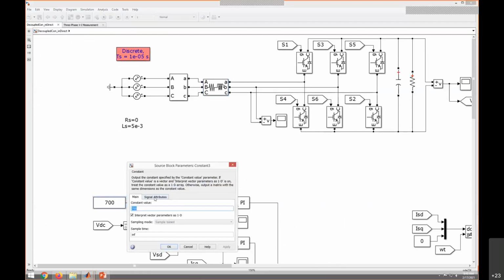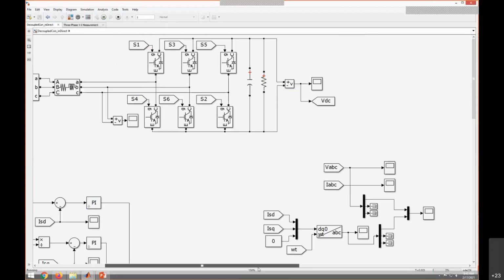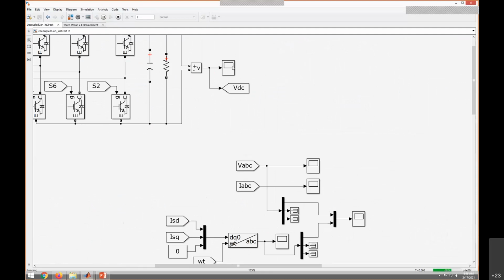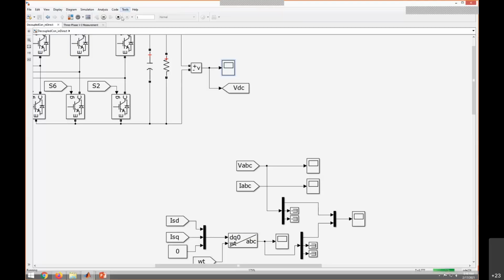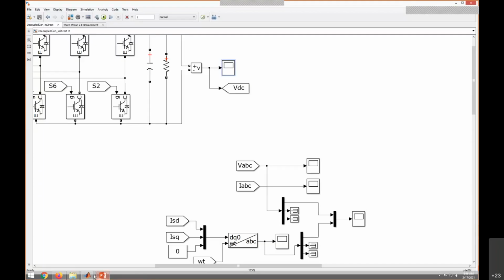For example, if I change the reference to 800 volts, you can see that the ripple value will be slightly higher, right?